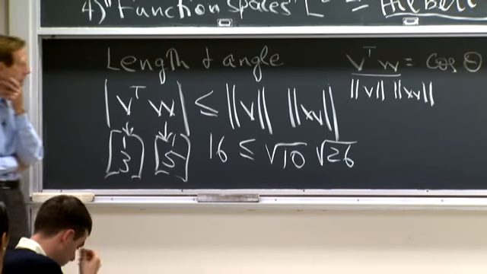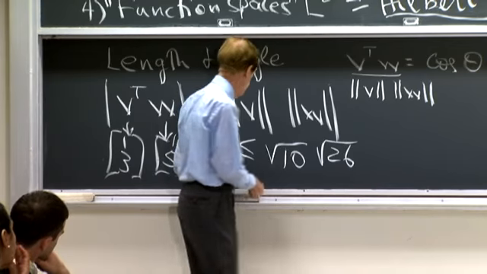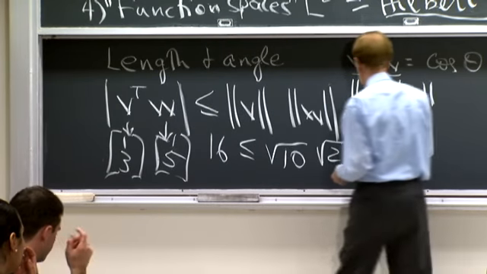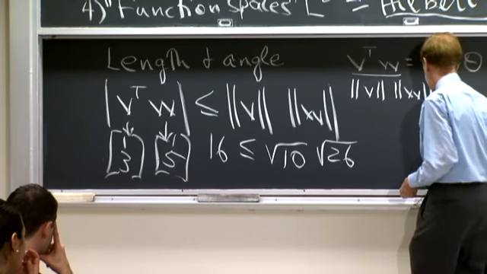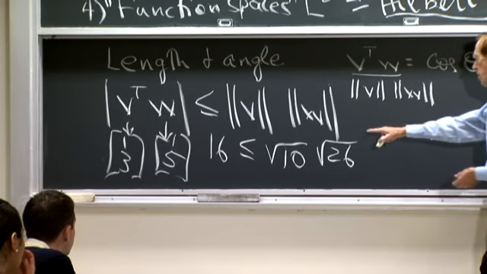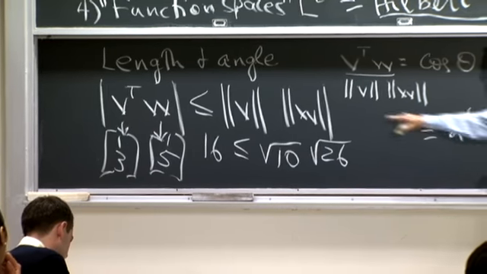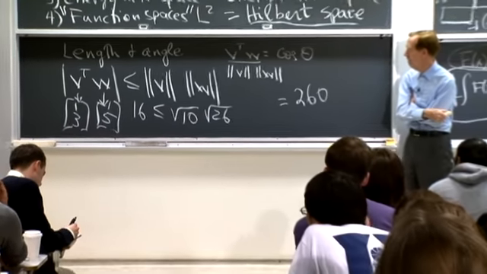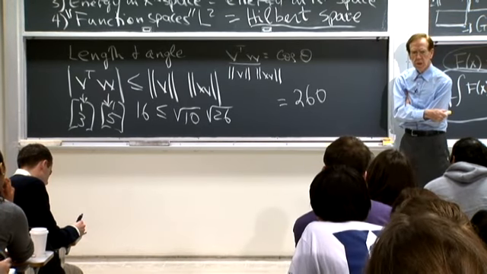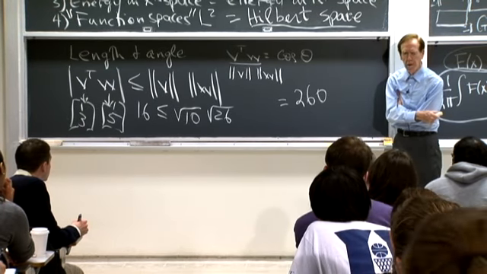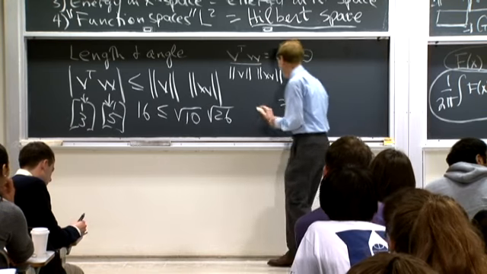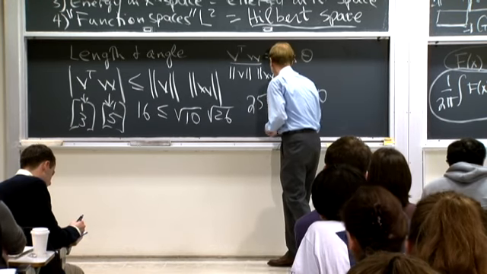Can we check it? Well, let's square both sides. That would make it easier. The right-hand side, when I square both sides, will be 260. And what's the square of 16? 256. That was close. But it worked.